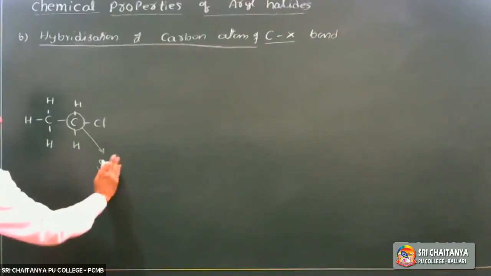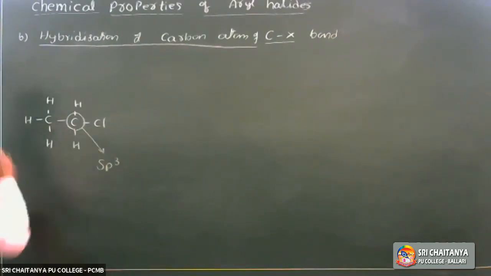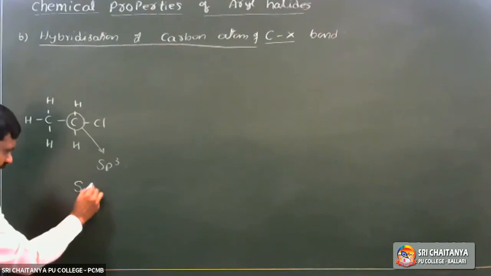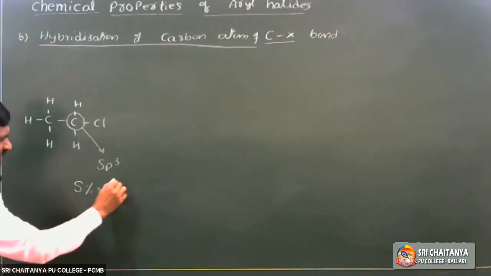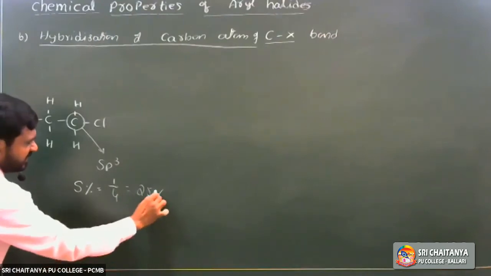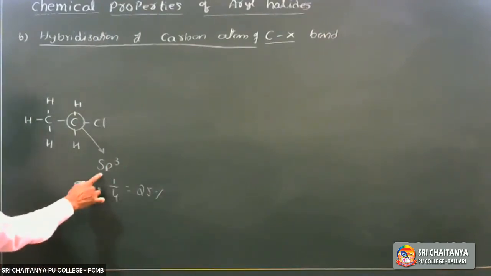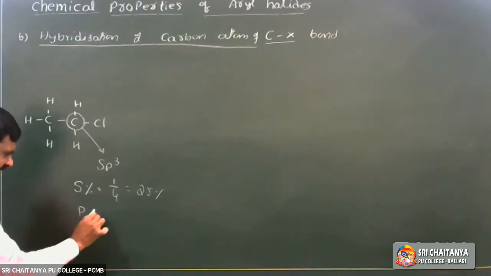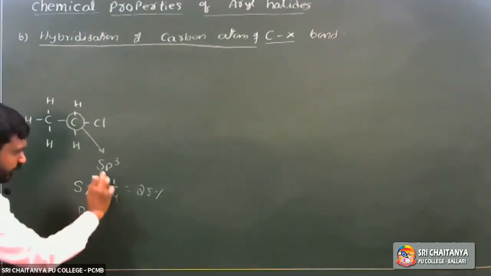What is the hybridization of carbon? sp3. In sp3 hybridization, the percentage of s character is 1/4, that is 25%. So sp3 hybrid orbitals have 25% s character and 3/4 p character.